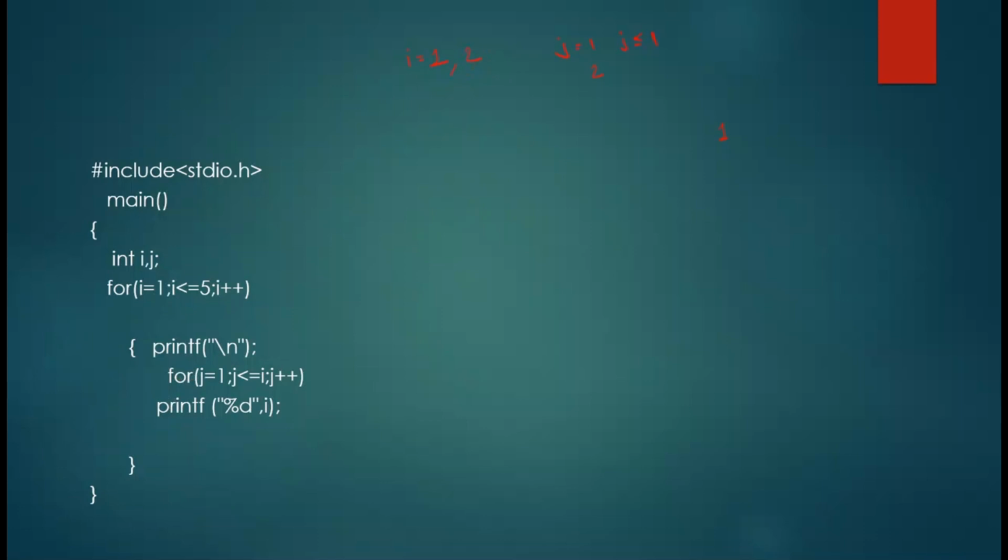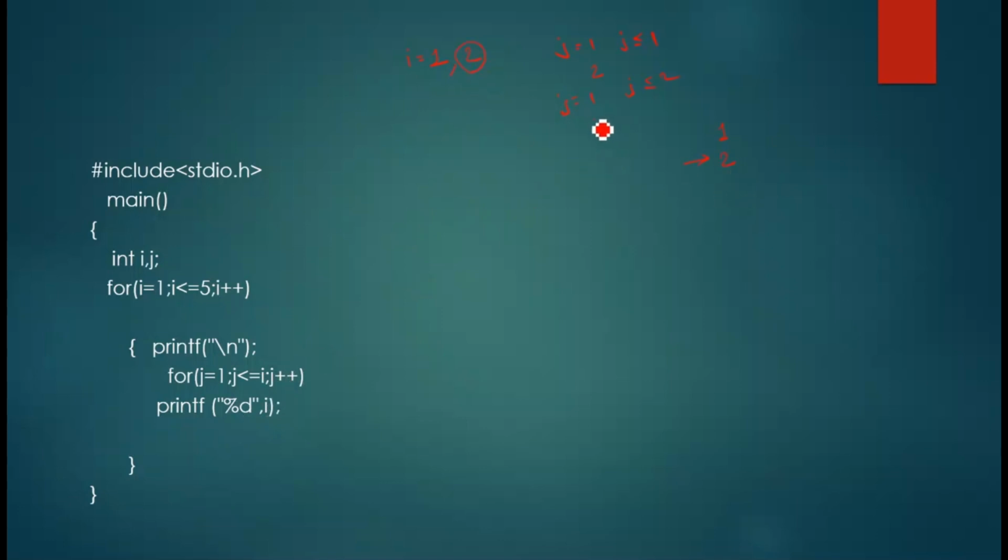Now I will be incremented and it will become 2. Again it will go to the next line. Now the condition will become j equal to 1 to j less than or equal to 2. Now 1 less than or equal to 2 is true and we want to print I, but what is the value of I now? It is 2. So first it will print 2.